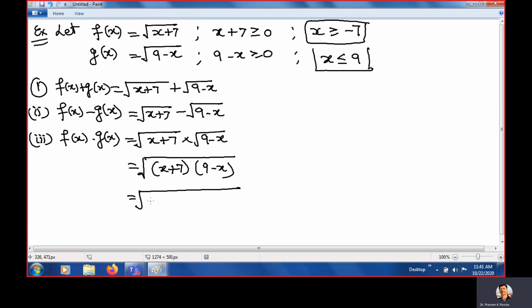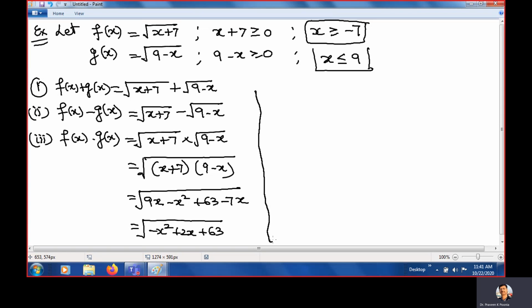x into 9 is 9x, x into minus x is minus x power 2, 7 into 9 is 63, and 7 into minus x is minus 7x. Solving a little further, it will be minus x power 2, 9 minus 7 is plus 2x, and plus 63. This is the value of fx times gx. Now the fourth point is fx upon gx.